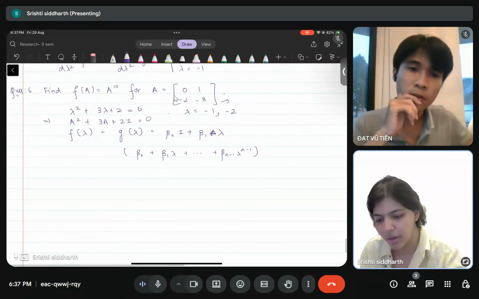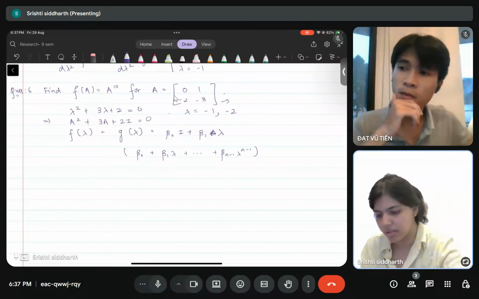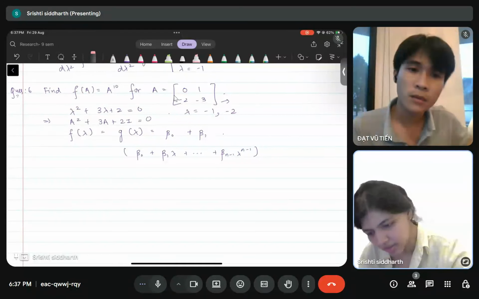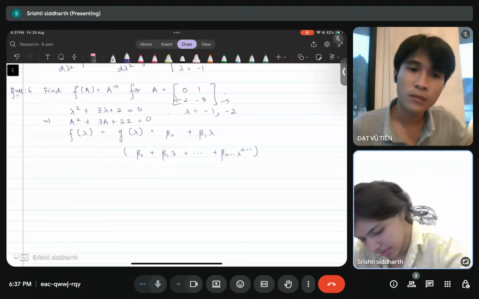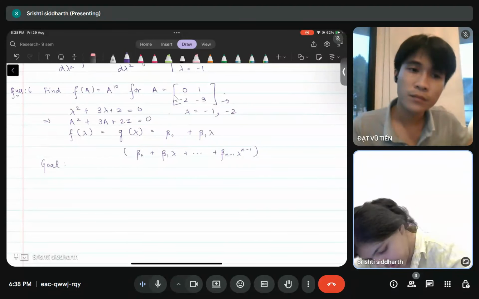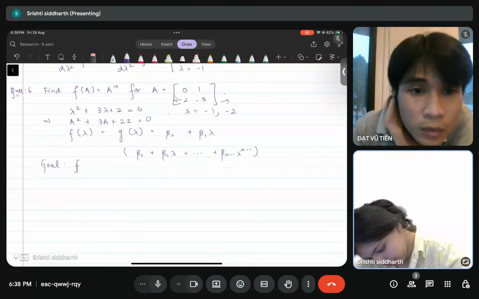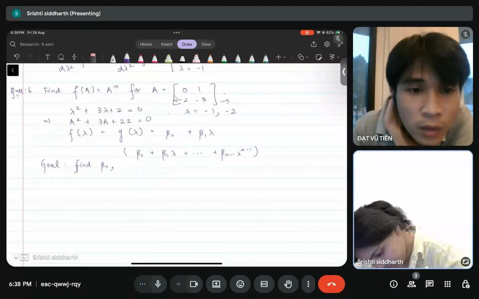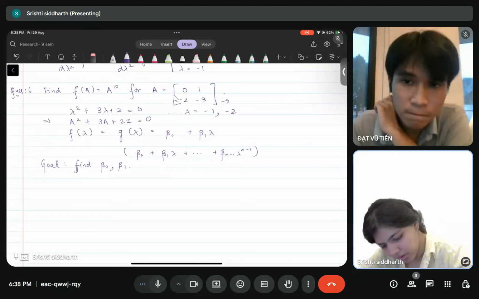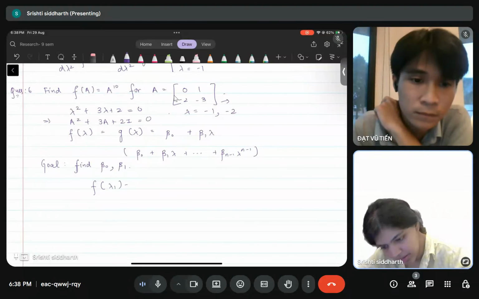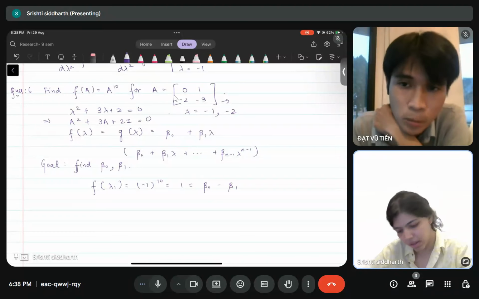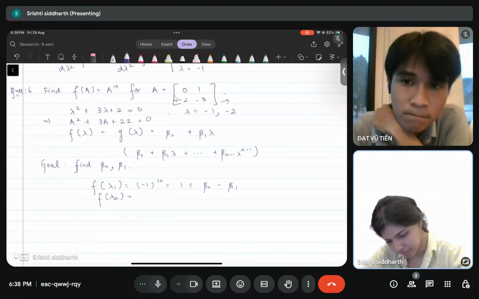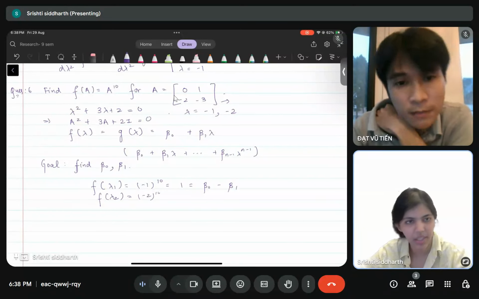So now our job is to figure out what are beta 0 and beta 1. This is simply this. The goal is to find, so f at lambda 1 is this one with the 10, and the other one is, so let's just keep it this way.